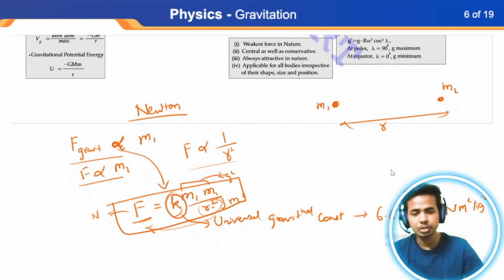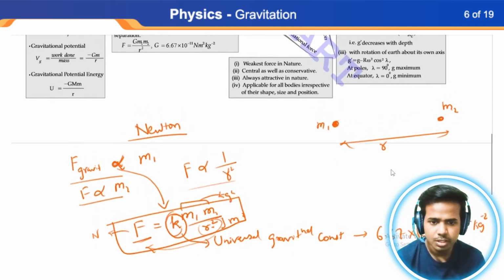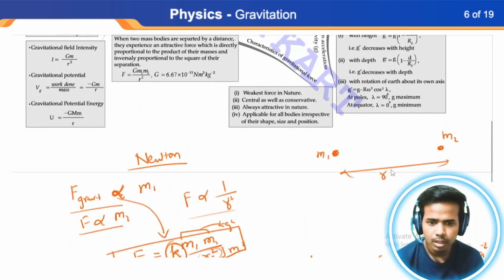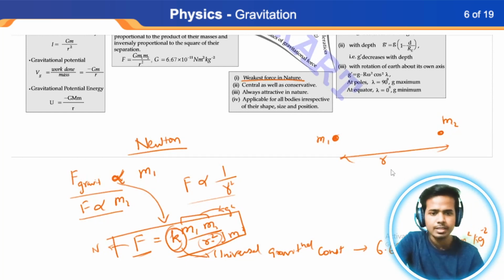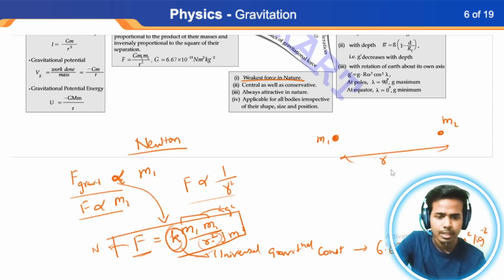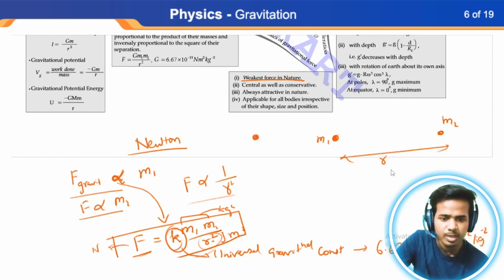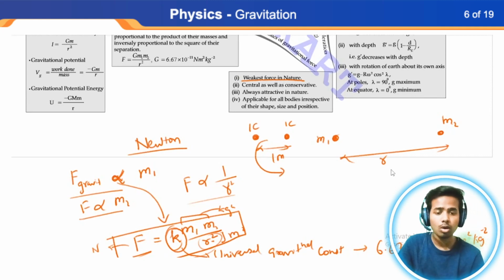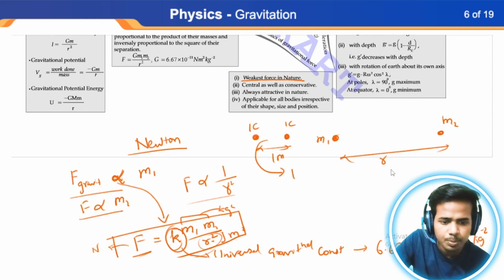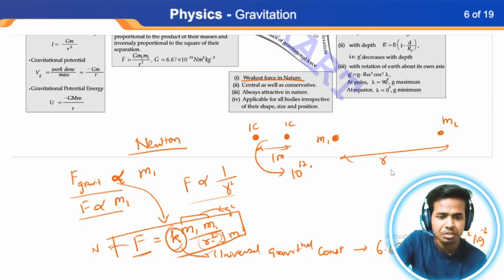based on which we are going to see very interesting applications. But before that, you can quickly glance through these very basic things, which is that it is a very weak force in nature. Why is it weak? It is weak relatively as compared to Coulomb's force between the charges. It is very high actually, because if you have 1 coulomb and 1 meter is the distance between them, then the force exerted between them is something of the order of 10 to the power 12 newtons.